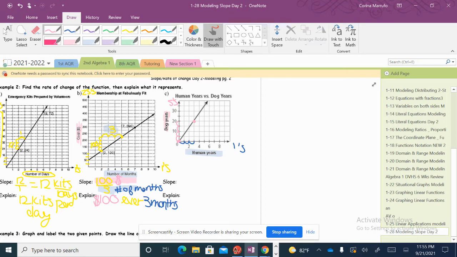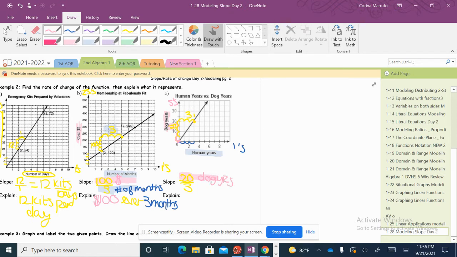Here my rise, we're counting by 5s. It's going to be 5, 10, 15, 20. So my rise is 20, and my x-axis is counting by 1s, so 1, 2, and 3. So my slope is going to be 20 over 3. Now 20 is my rise, which is my dog years.